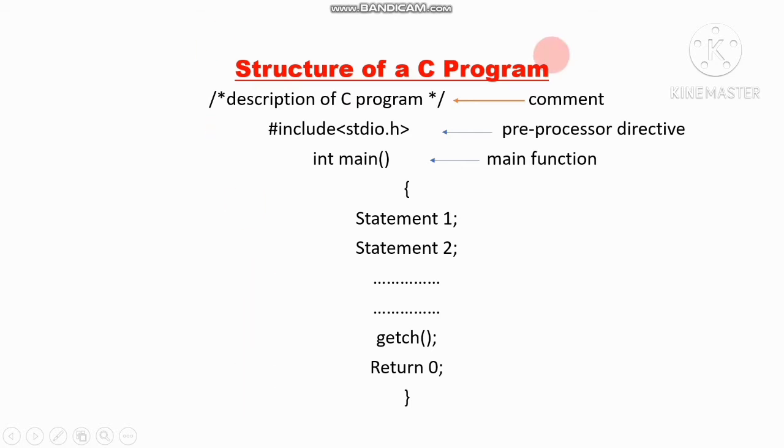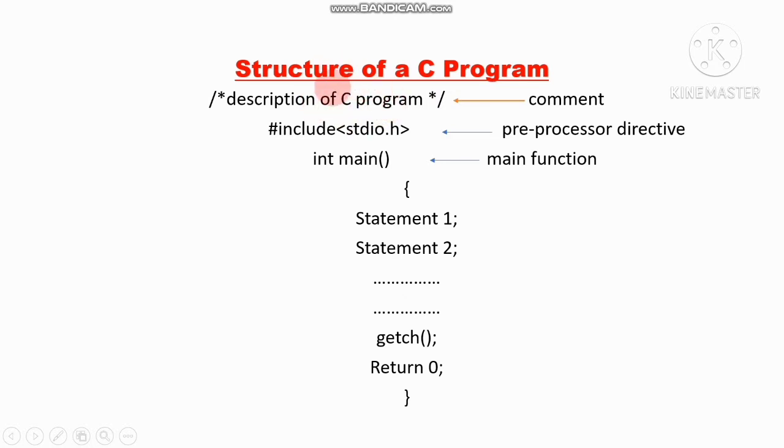See, this is the first line, the comment line, the description of a program. A comment line is an optional line you can include in your program. This line is for the description of your program, meaning what type of program it is and what the use of this program is.